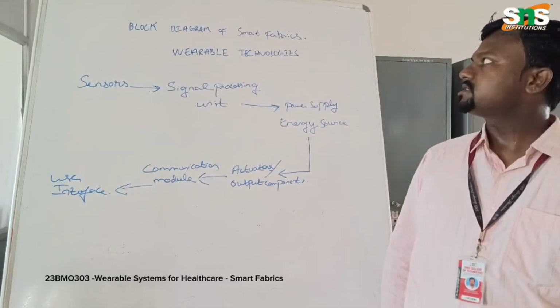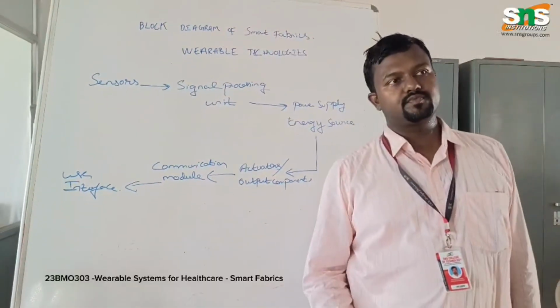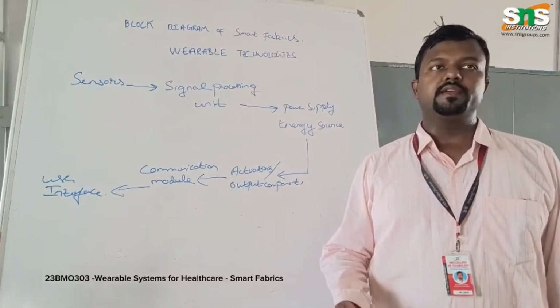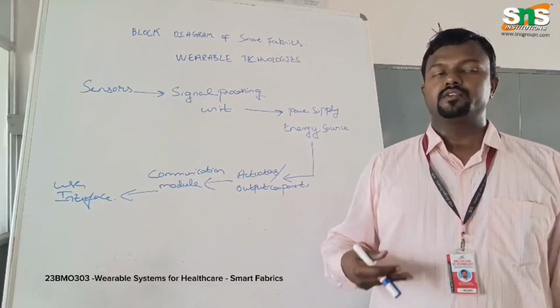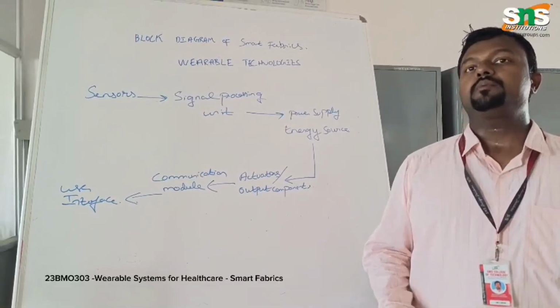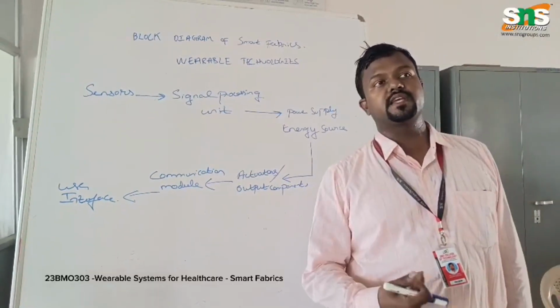So, what is meant by smart fabrics? Smart fabric means we use some kind of clothes, for example t-shirts, pants, normal t-shirts, which are used as life-saving equipment.